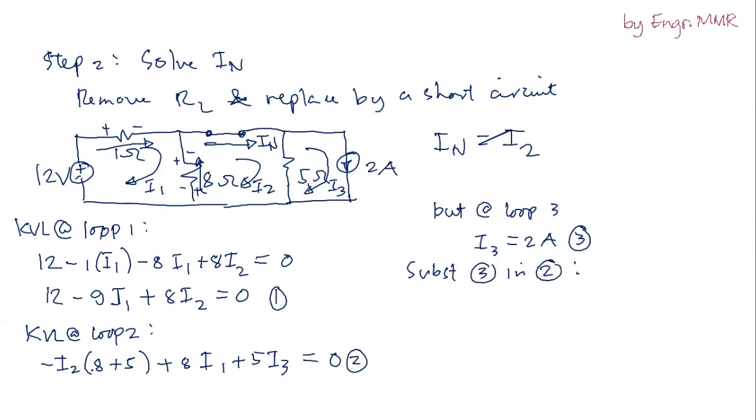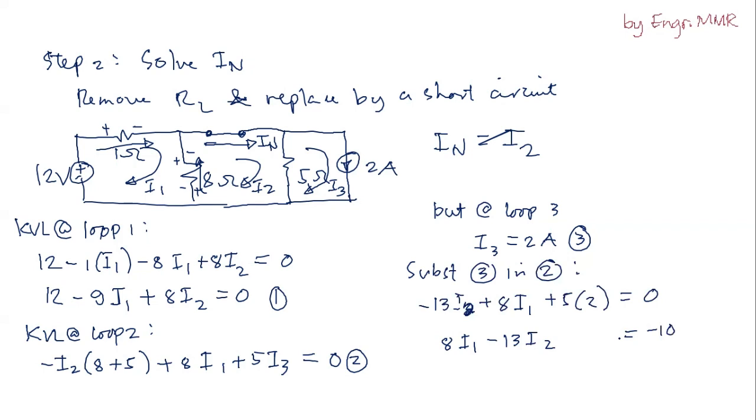Okay, so we have 8 plus 5, that is 13, minus 13 I2 plus 8 I1 plus 5 times 2, which is the I3, equals 0. Then we'll arrange the equation. So we have 8I1 minus 13I2 equals minus 10.